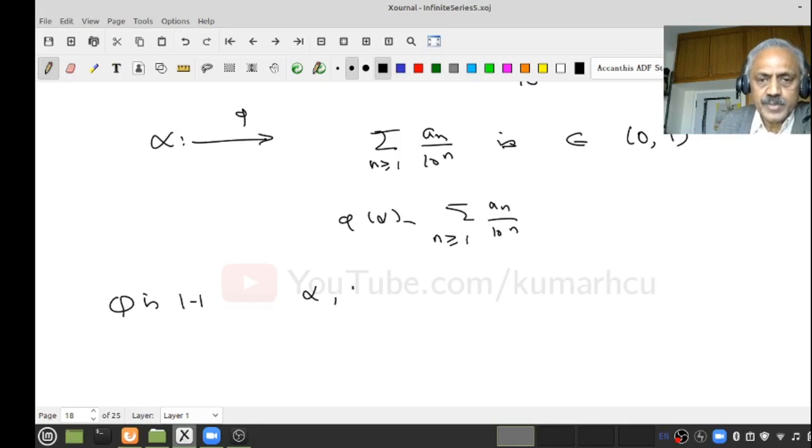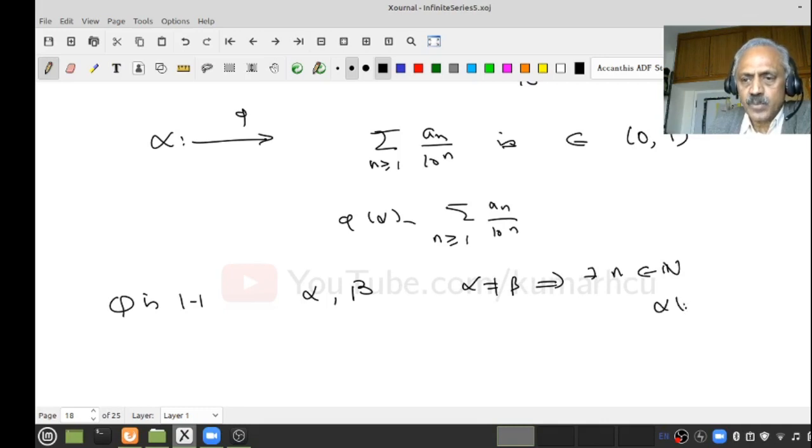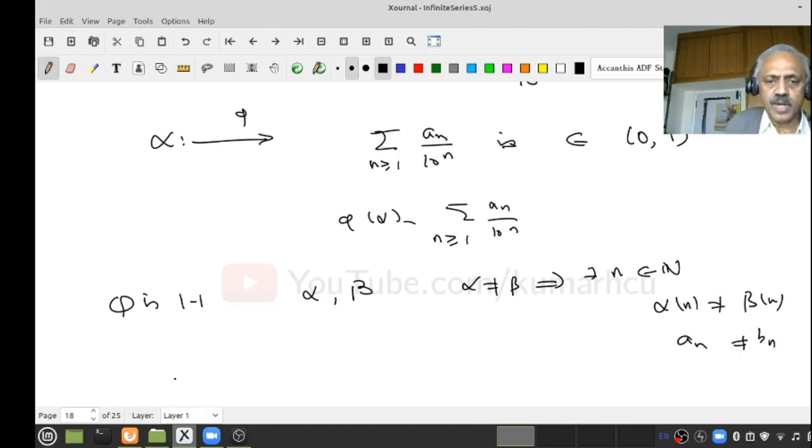That means if you give me alpha and beta satisfying those conditions, if alpha is not equal to beta, what does it mean? That means there is at least one n such that alpha of n is not equal to beta of n. Let me call them an and bn, right? Then I want to say phi of alpha is not equal to phi of beta.